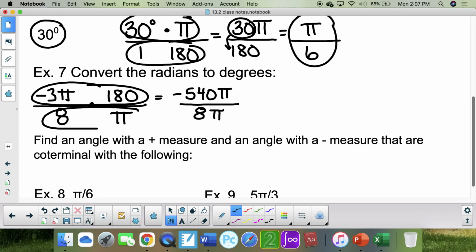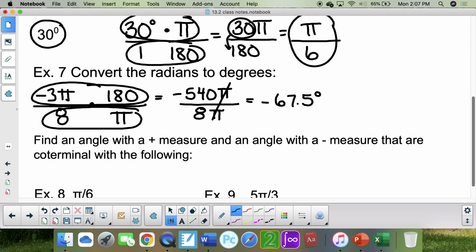I just multiply the denominator. The pi's cancel each other out. So 540 divided by 8 is a negative 67.5 degrees. You know that it's 180 over pi because you want the pi's to cancel out when you want to put it into degrees.